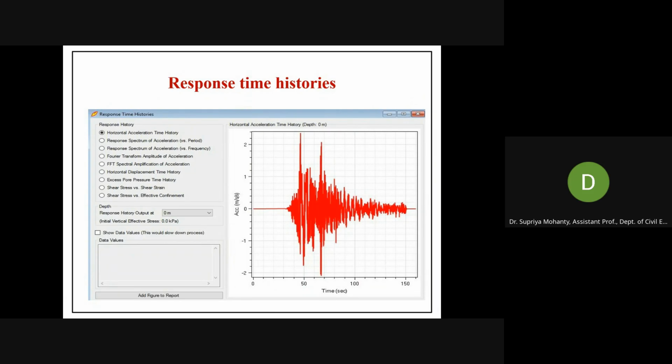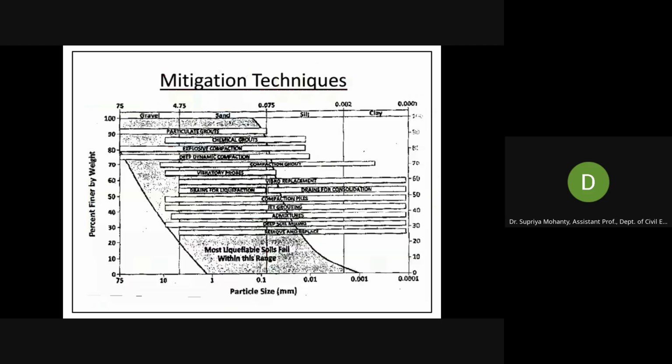Suppose the site is prone to liquefaction. Before designing the actual structure, let us improve the soil condition or ground condition by applying an appropriate mitigation technique. Then go for the actual construction of the building. Even if you have the grain size analysis, your gradation curve, if you superimpose it here, this zone represents the most liquefiable soils, which is nothing but your sand, gravel, and a few portions of the silt.